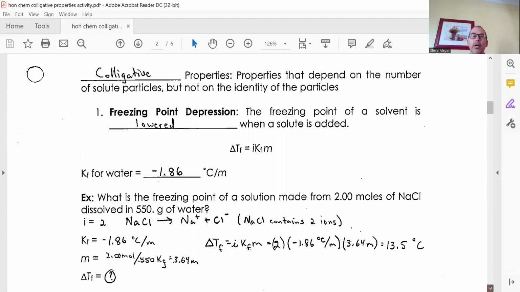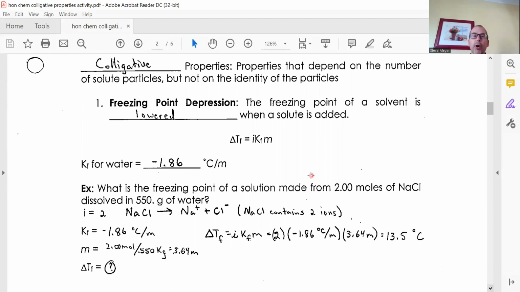We have this formula, ΔTf, for freezing. The delta meaning change in temperature is equal to i, Kf, which is a constant, and then molality. Okay, and the Kf factor for water is negative 1.86 degrees Celsius per molality.